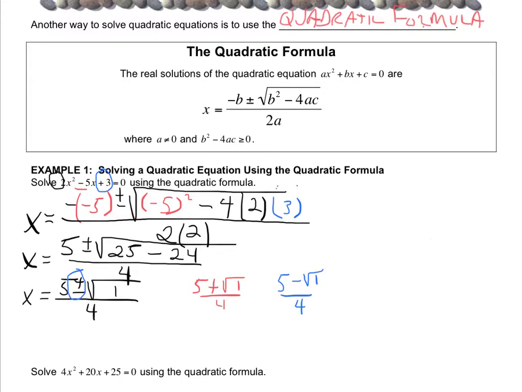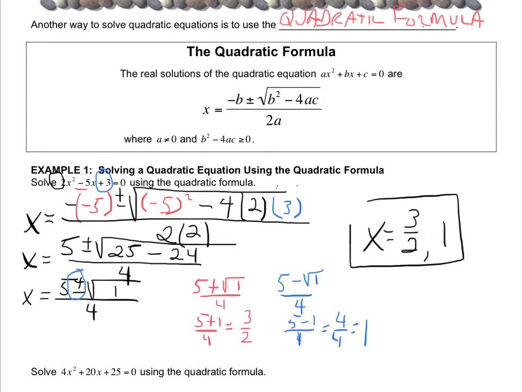If we finish out these 2 expressions, I'm going to get 5 plus 1 over 4. That equals 6 over 4, which I know can reduce to 3 halves. And this one is going to give me 5 minus 1 over 4, which equals 4 over 4, which is equal to 1. So after all this is said and done, our solutions are x equals 3 halves, comma 1.